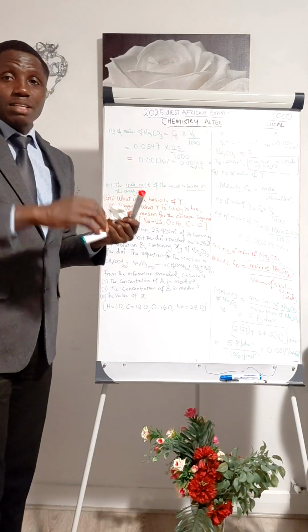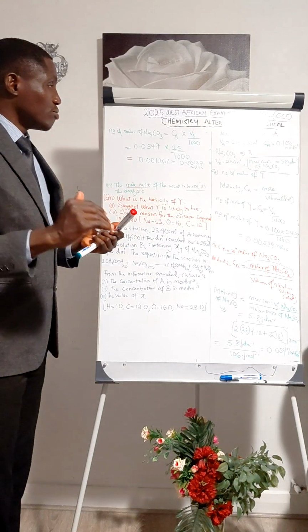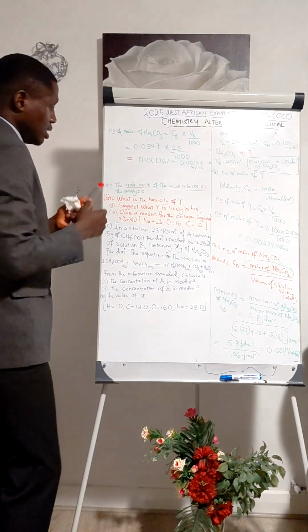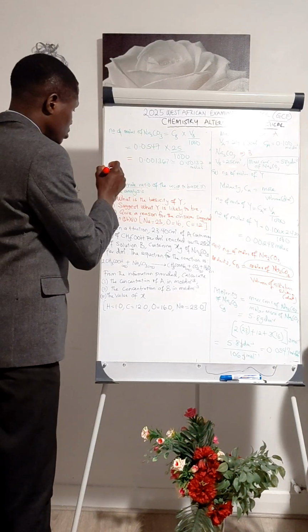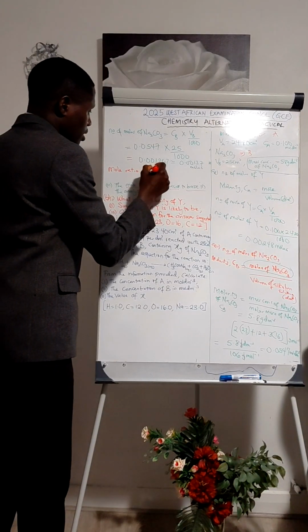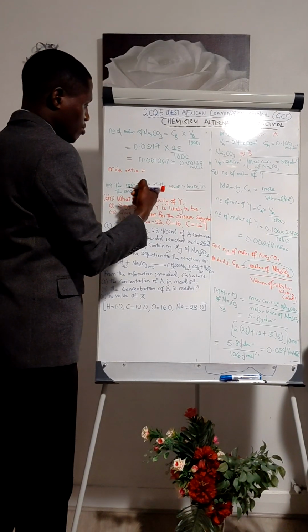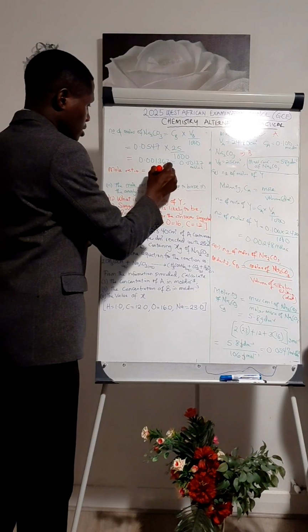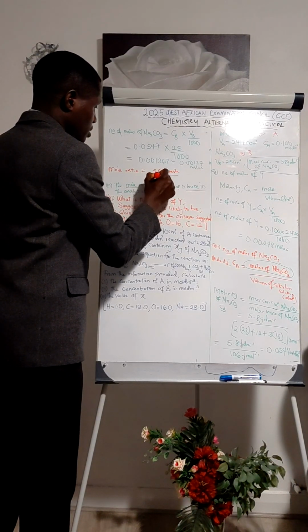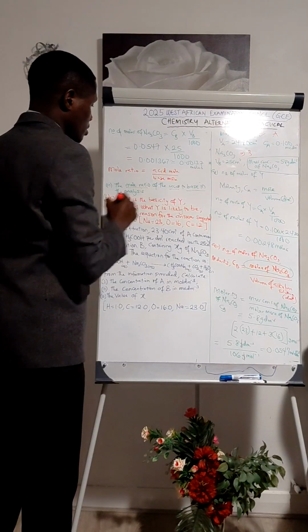That formula itself is very straightforward, but because of my time, I will just use the mole ratio directly. So the mole ratio is going to be the ratio of acid moles over base moles. That's what is meant by mole ratio.